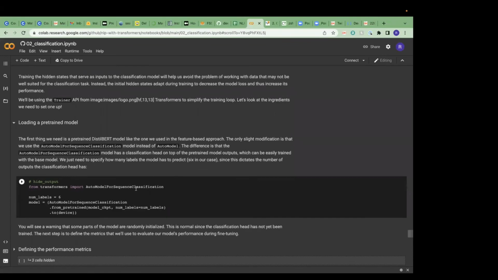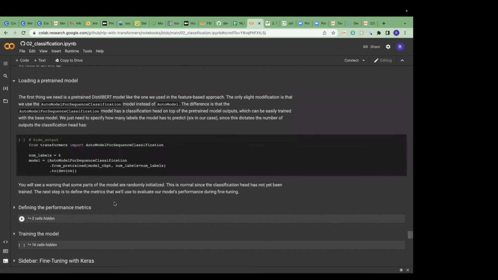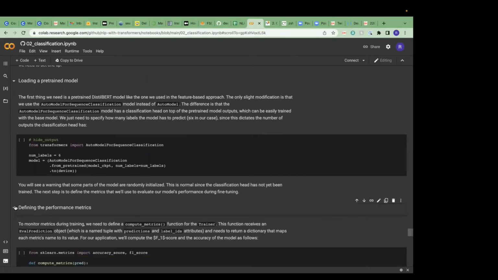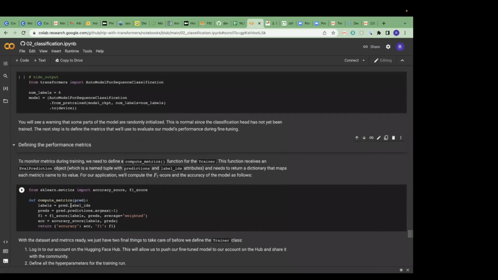In this case, it uses AutoModelForSequenceClassification, which is the DistilBERT model plus a classification head that Hugging Face provides, I believe. I'm not sure if this classification head is the same as logistic regression.